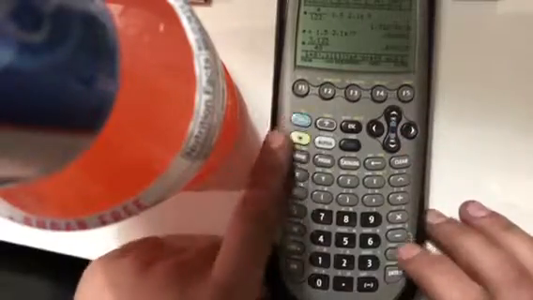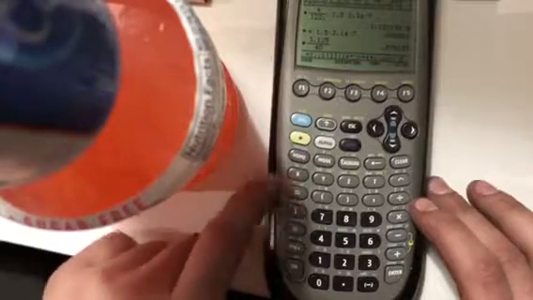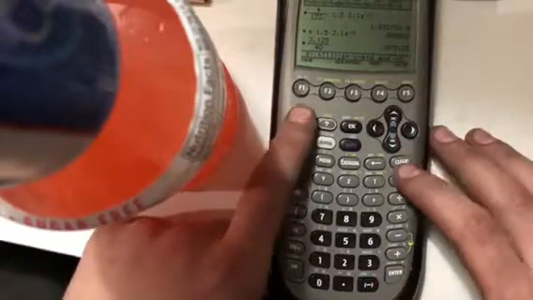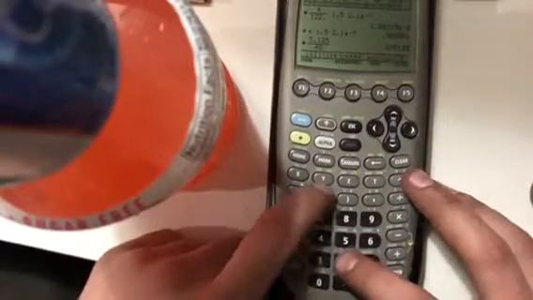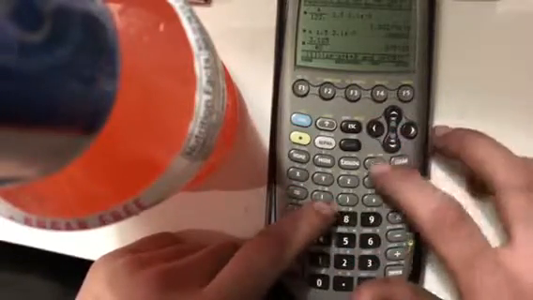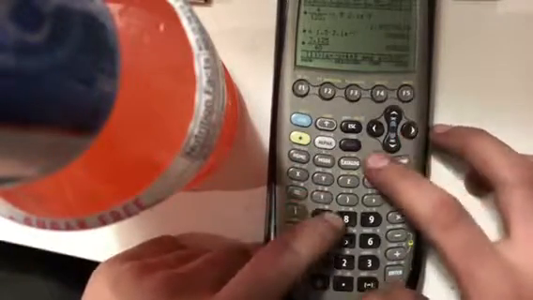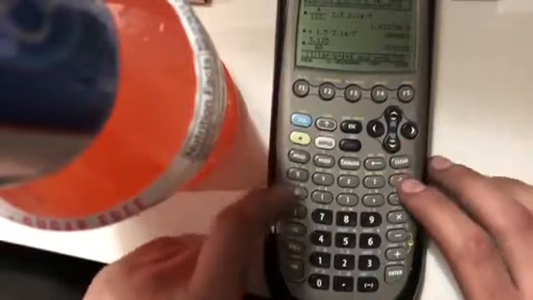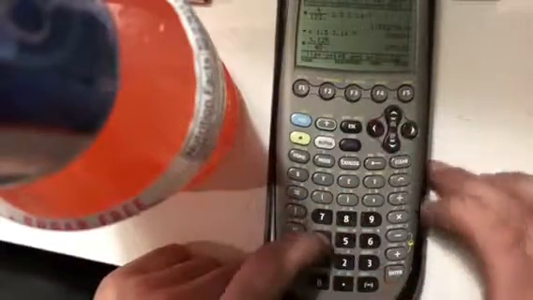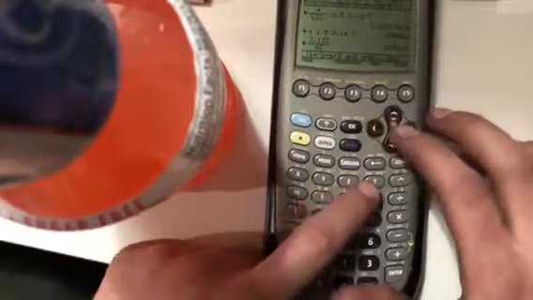You now say alpha is equal to B divided by, pressed the wrong one there, alpha B. Sorry about that. Alpha over 2 times A.